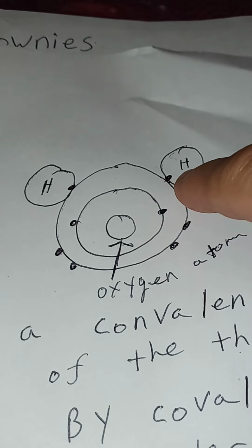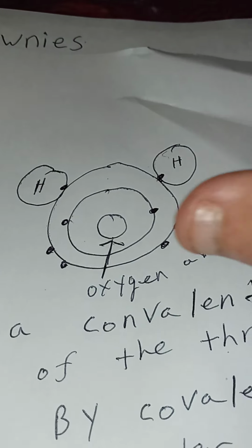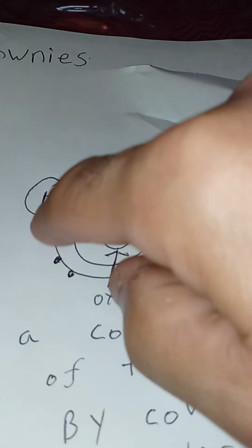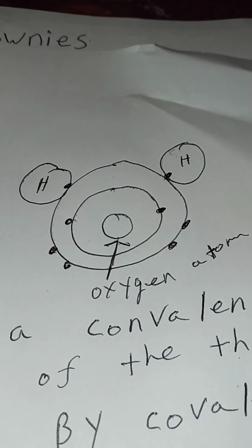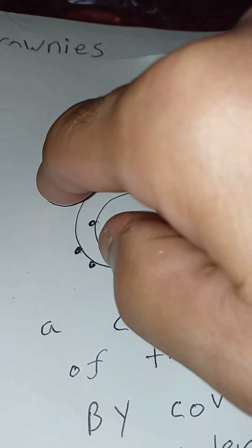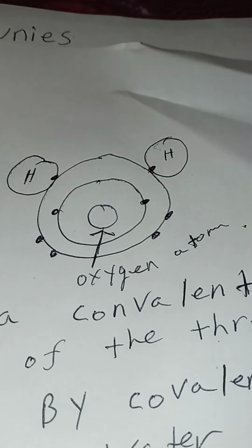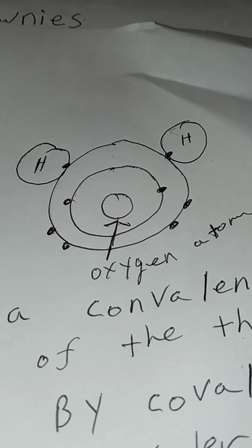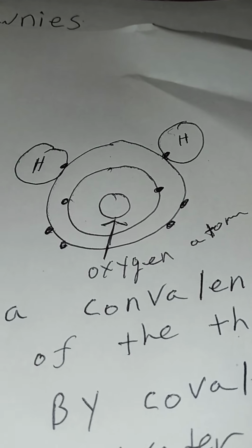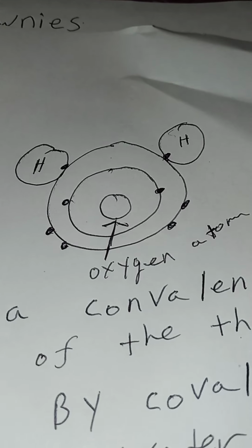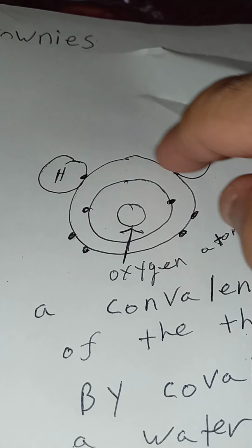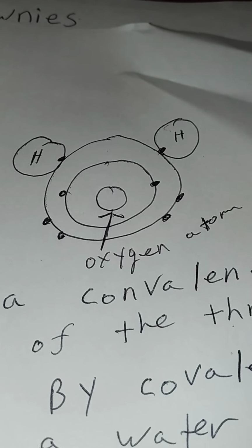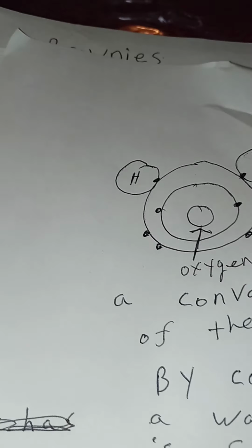See? One electron, another electron, they come together and they fill the shell, because the oxygen has to have 8 electrons all together. So this makes 2 more added to the oxygen, which is a compound and not a pure molecule anymore, because you have 2 different atoms, hydrogen and oxygen. So it's not a pure molecule like H2.